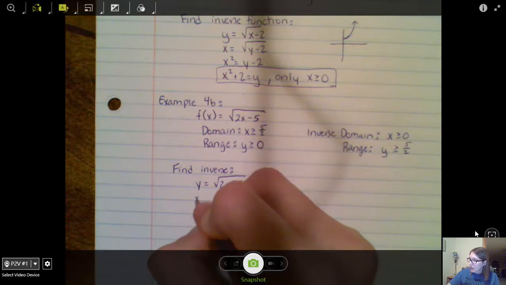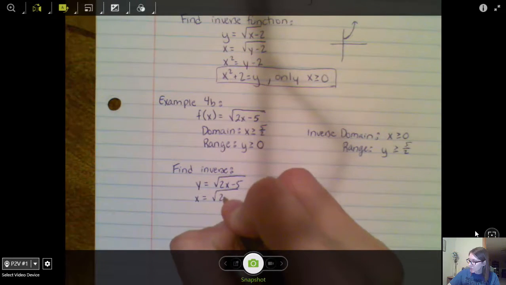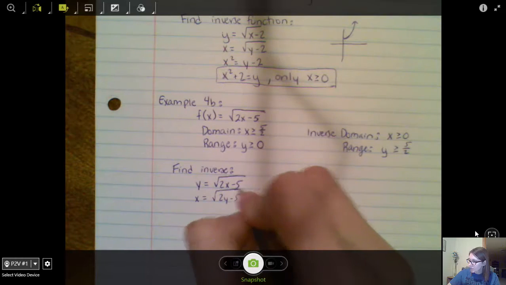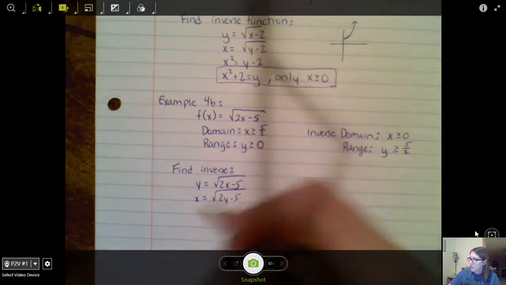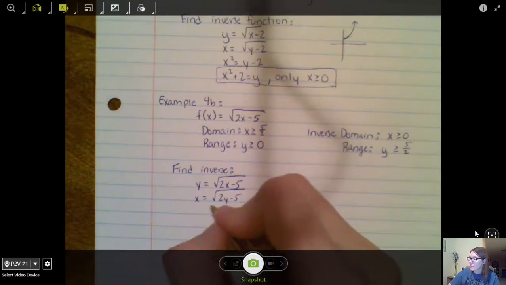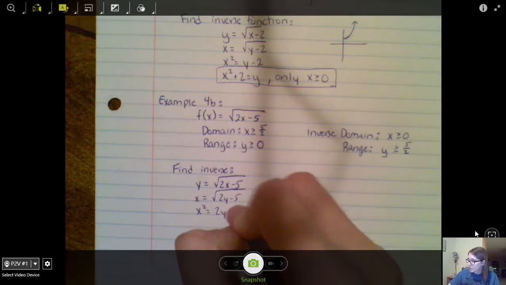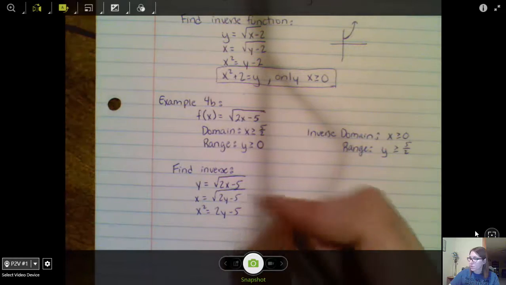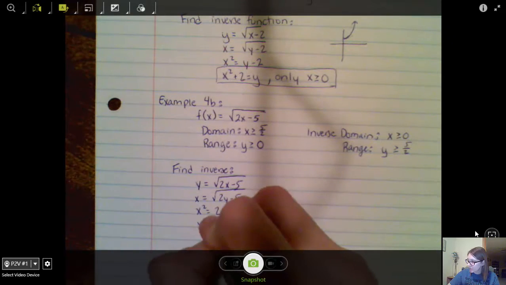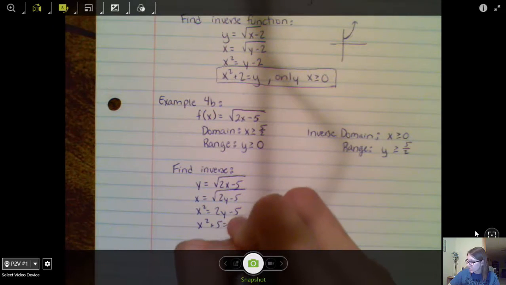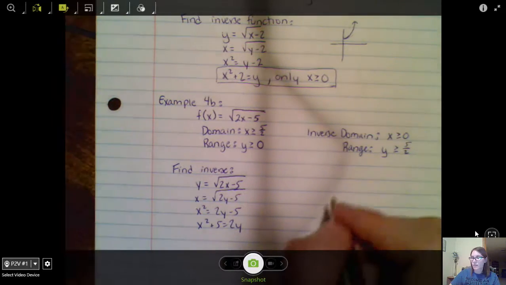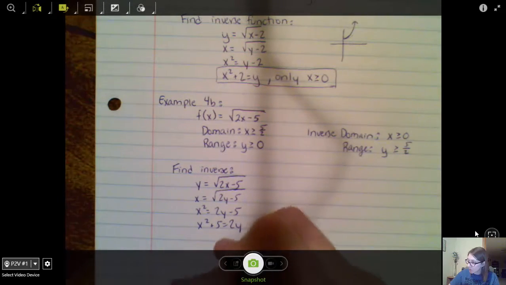Switch the x and the y around. And then I need to get y by itself. So I'm going to start off squaring both sides. And then we'll add 5. And finally divide by 2.